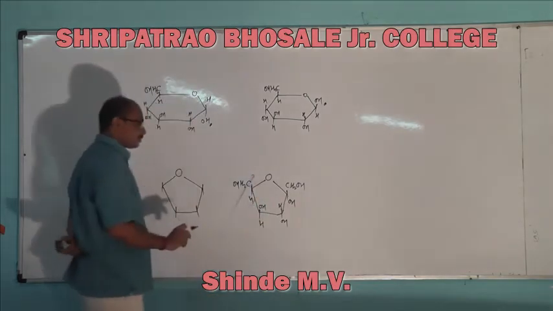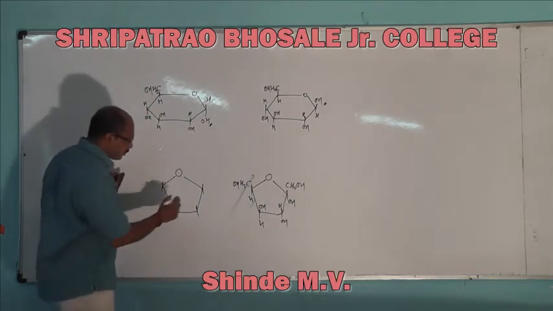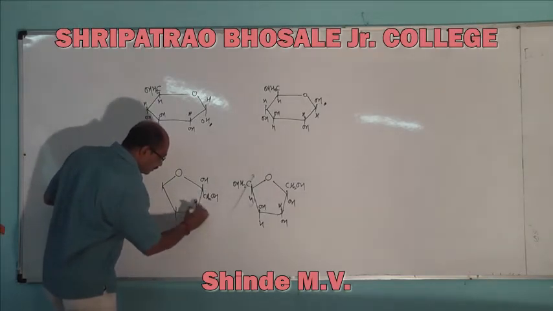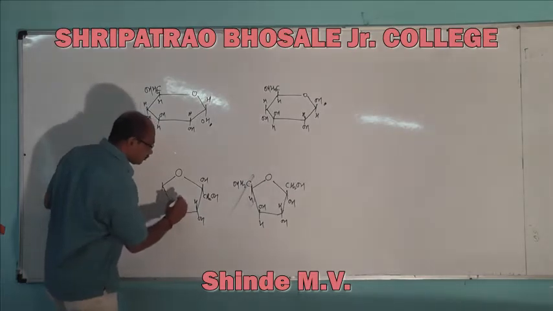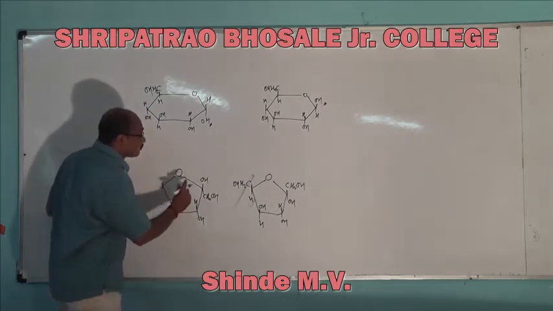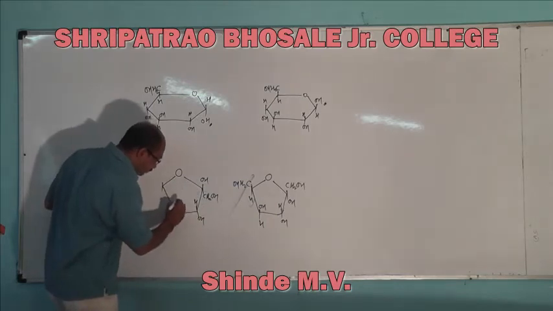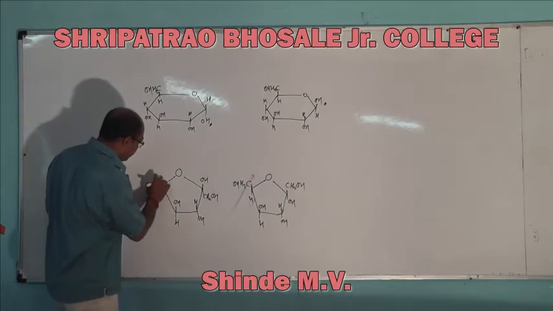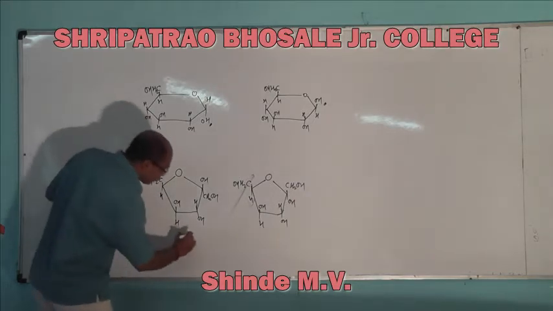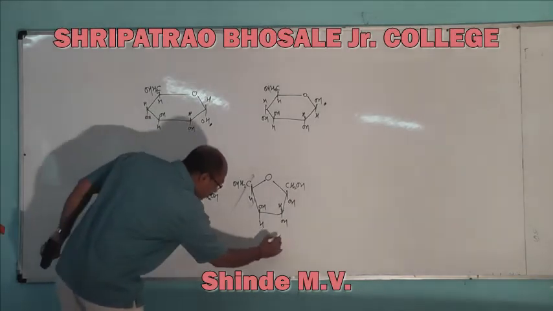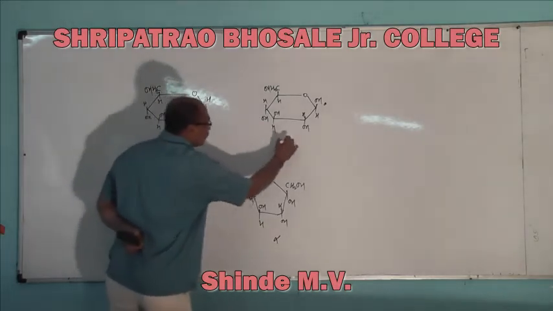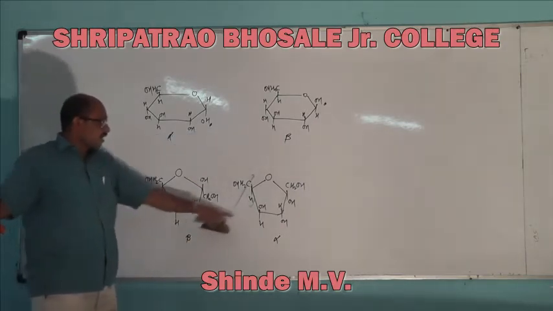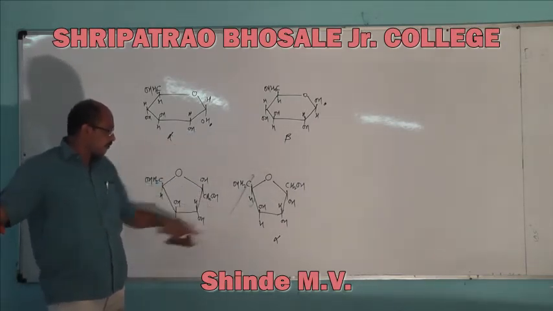This one is known as beta glucose, where the hydrogen group is present at the upper side. This one is beta, this one is alpha. These are alpha D glucose, beta D glucose, alpha D glucose, beta D glucose.